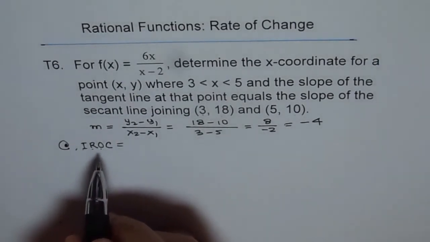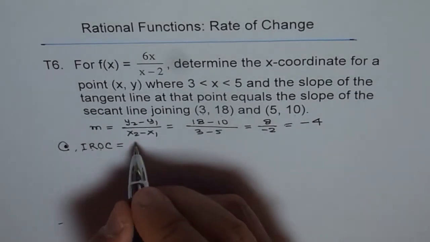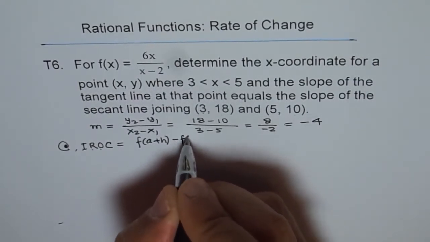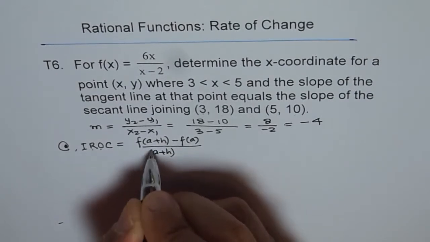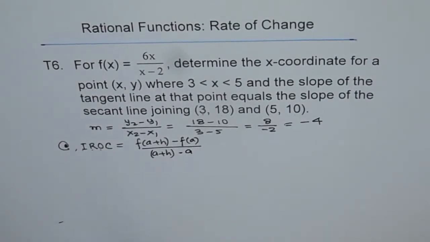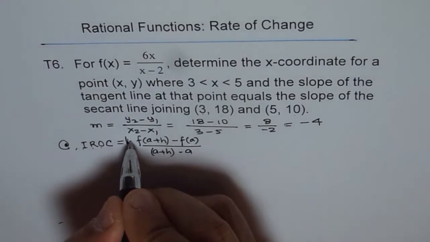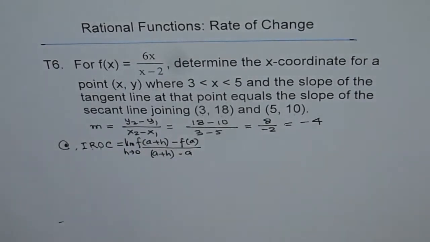So the instantaneous rate of change at a point A will be f of a plus h minus f of a, divided by a plus h minus a, where h is a very, very small number, right? For those of you who know the concept of limit, I'm writing here limit h approaches 0. That means h is very, very small.